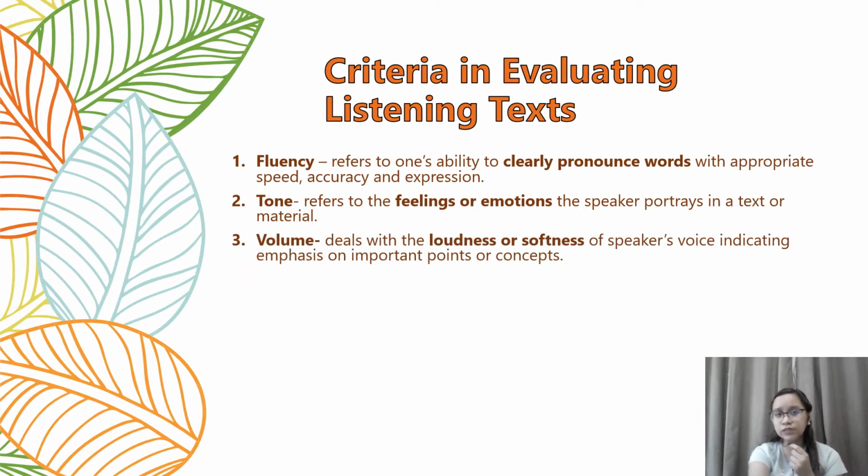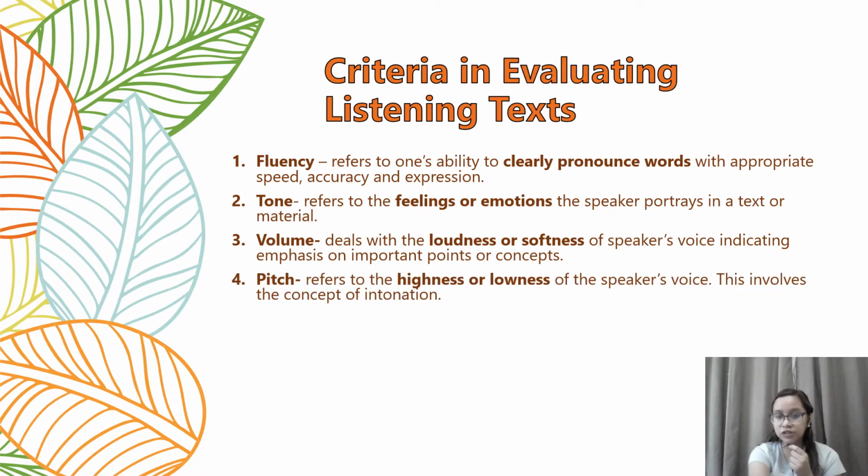The third one is volume. When we say volume, you have to consider whether the speaker's voice is soft or loud. Fourth is pitch. Pitch is different from volume because it refers to the concept of intonation, which is the highness or lowness of the speaker's voice.